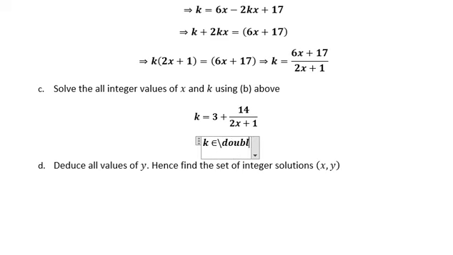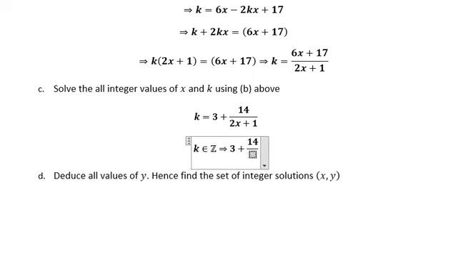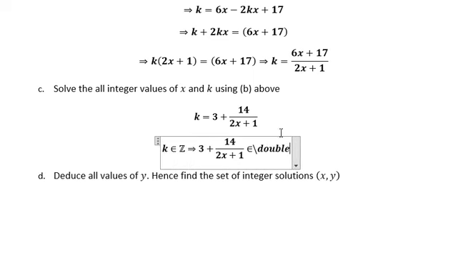Now since we know that k is an integer, it therefore means that 3 plus 14 divided by 2x plus 1 is also an integer.